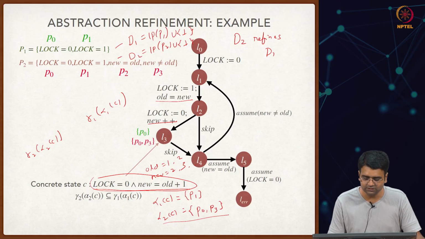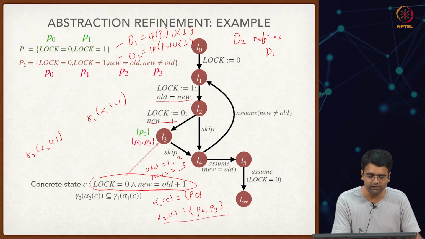On the other hand, gamma 1 of alpha 1 of C is the set of all program states which satisfy just P0, which is lock is equal to 0. This is only constraining the value of the variable lock. It is not constraining the value of new and old, meaning that in gamma 1 of alpha 1 of C, I can have a program state which assigns the same value to new and old as well as different values.